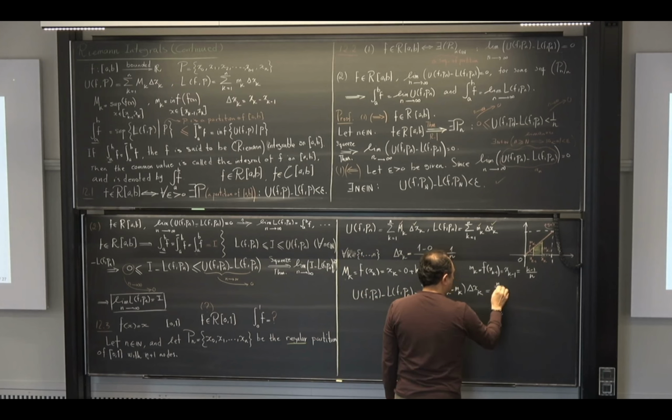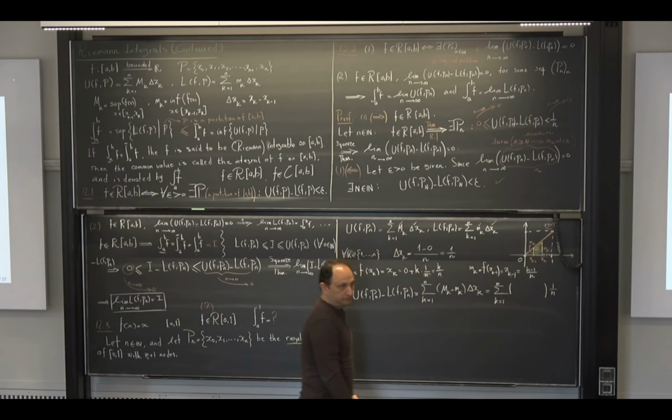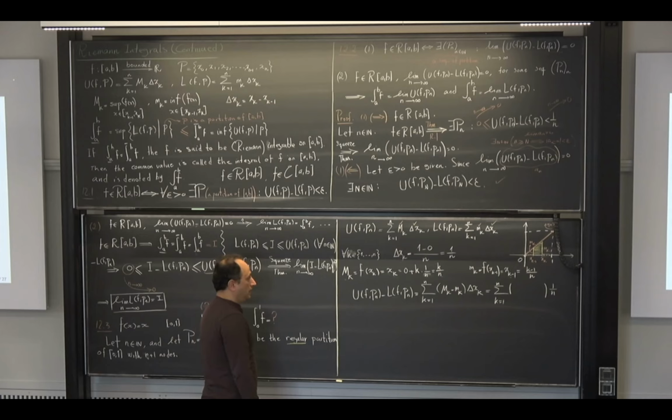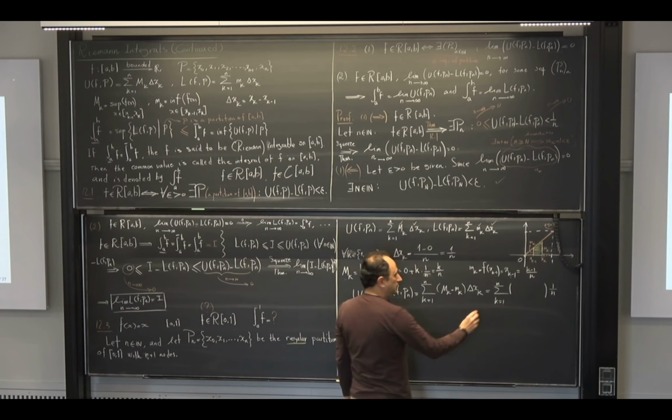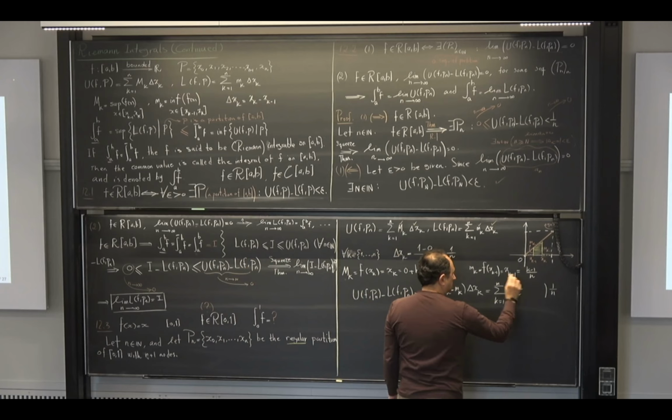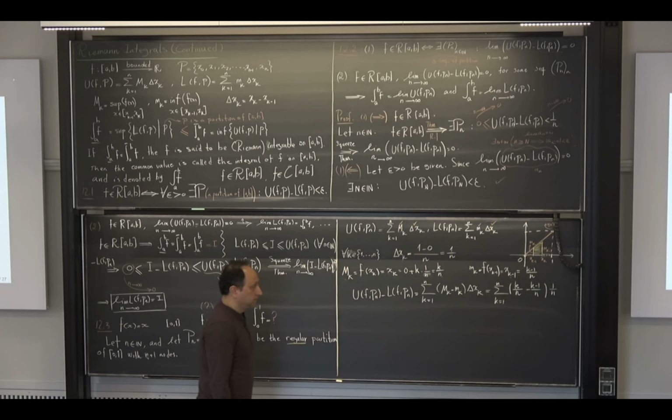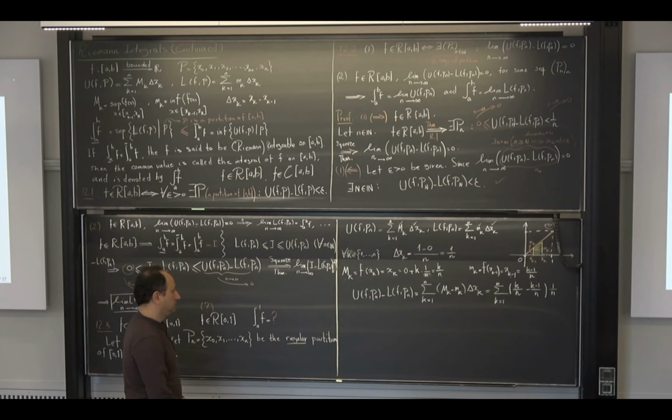Delta xk is simply 1 over n, so let me write 1 over n here. M sub k is k over n. Little m sub k is k minus 1 over n. Do you agree? But this can be simplified a lot.